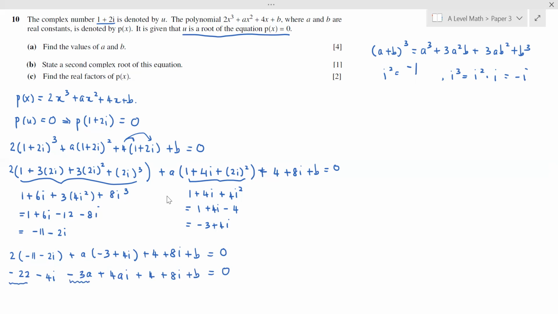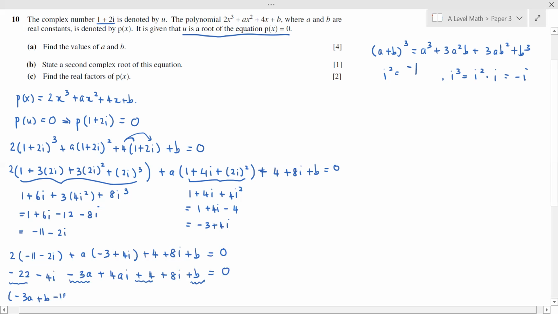Let's just collect the real terms. So we have this plus 4 and b. So negative 3a plus b, the real part, we have negative 3a plus b. Negative 22 plus 4 is negative 18. And then for the imaginary part, we have 4a here.